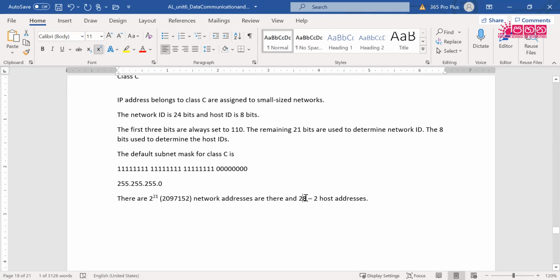By minus 2, we mean the first and last IP addresses are special.